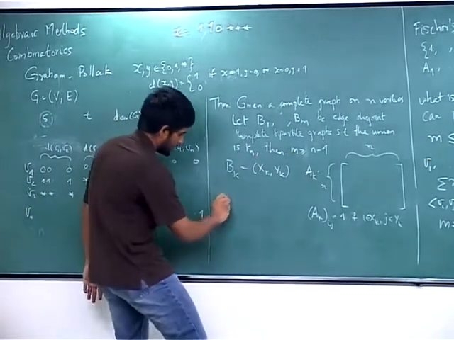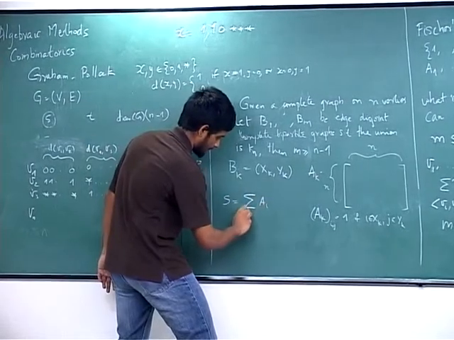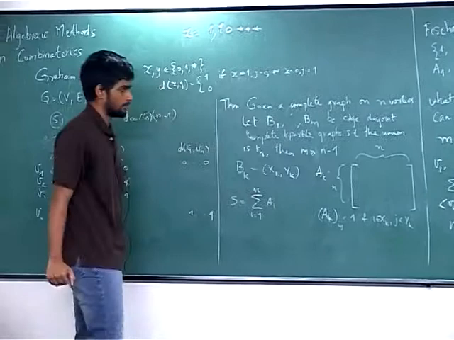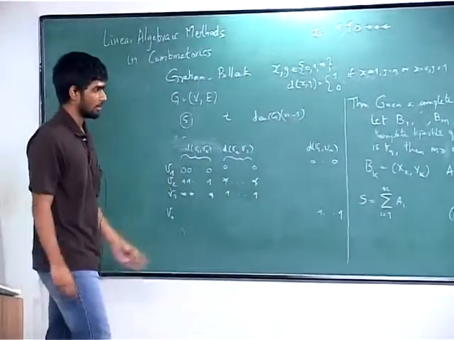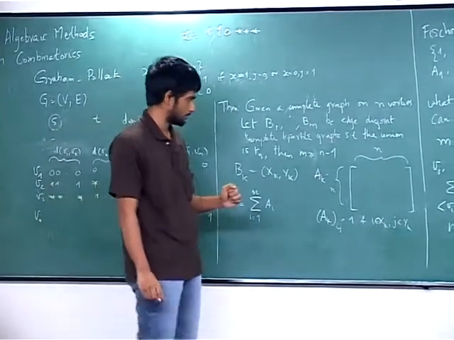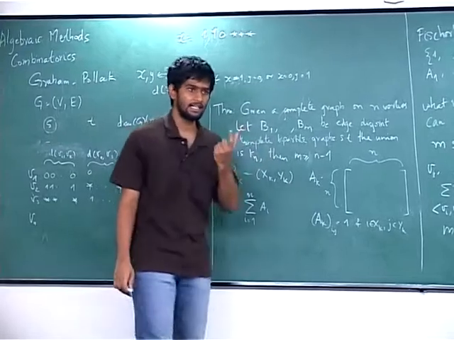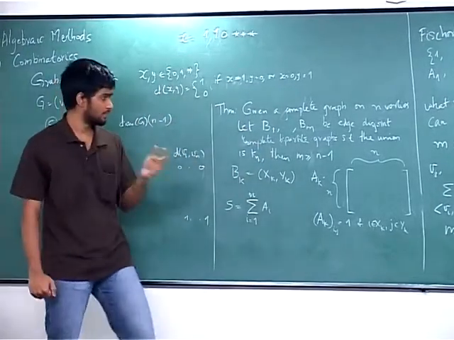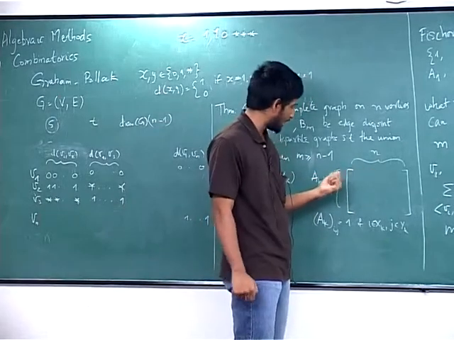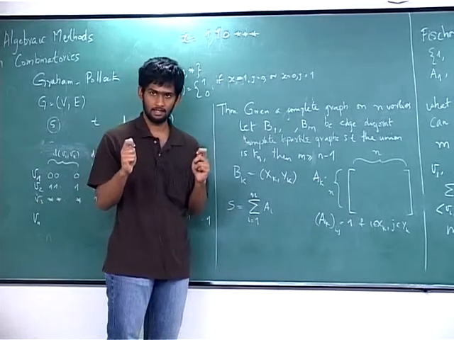Now look at the sum of all these matrices, S. What can I say about this matrix here? Except the diagonal, any ij of S corresponds to one edge in the complete graph, right?